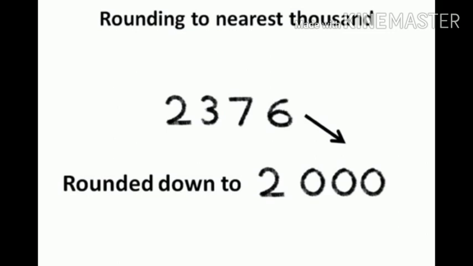So it would be 2000. Now 2376 is rounded down to 2000 when we are rounding to the nearest 1000. This is the way of rounding numbers.